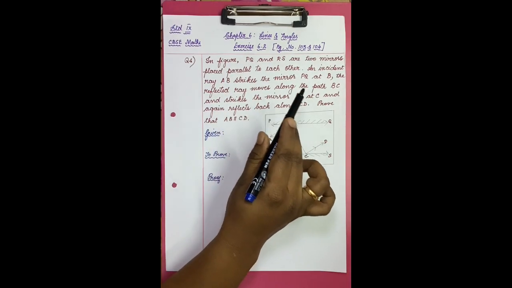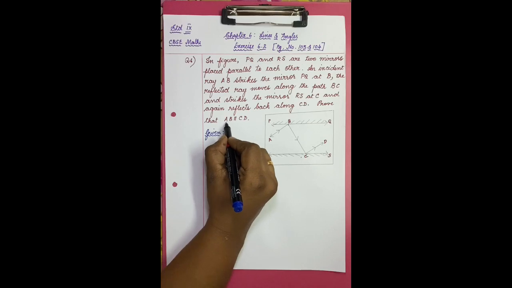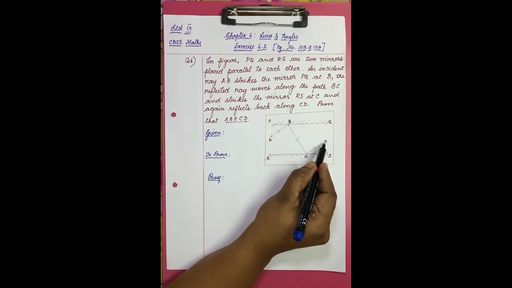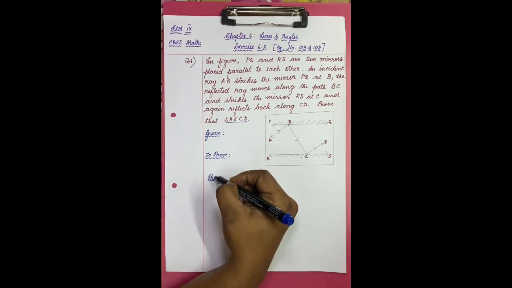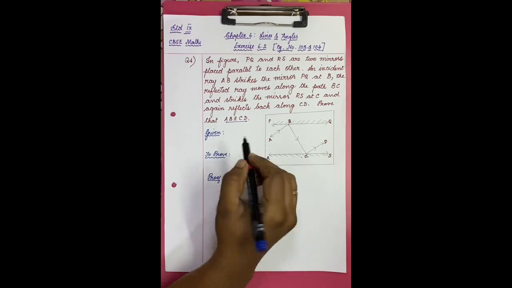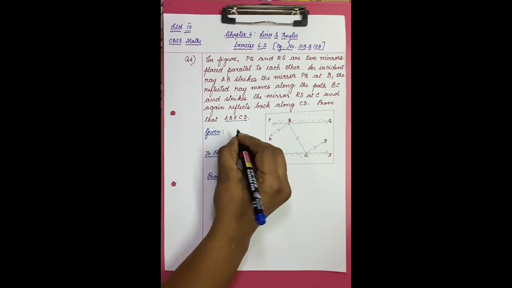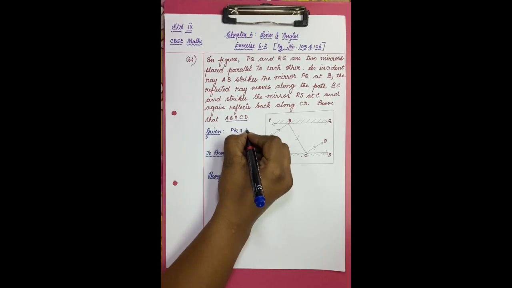Though the question is quite big, this is a proof, this is a rider. So we are just going to prove AB is parallel to CD. As you all know, for a rider we have to write what is given and what is to be proved. We are not going to write all these stories, only what is necessary for a proof. So we know that PQ is parallel to RS.